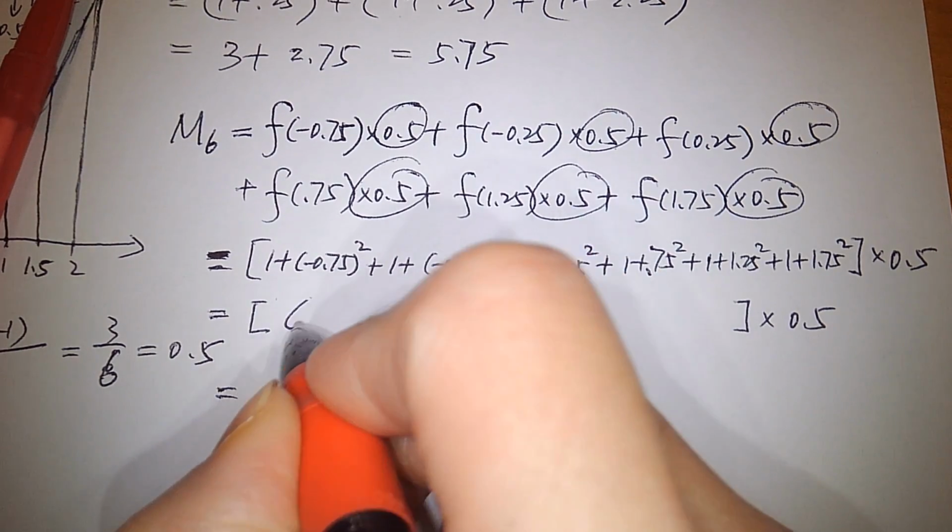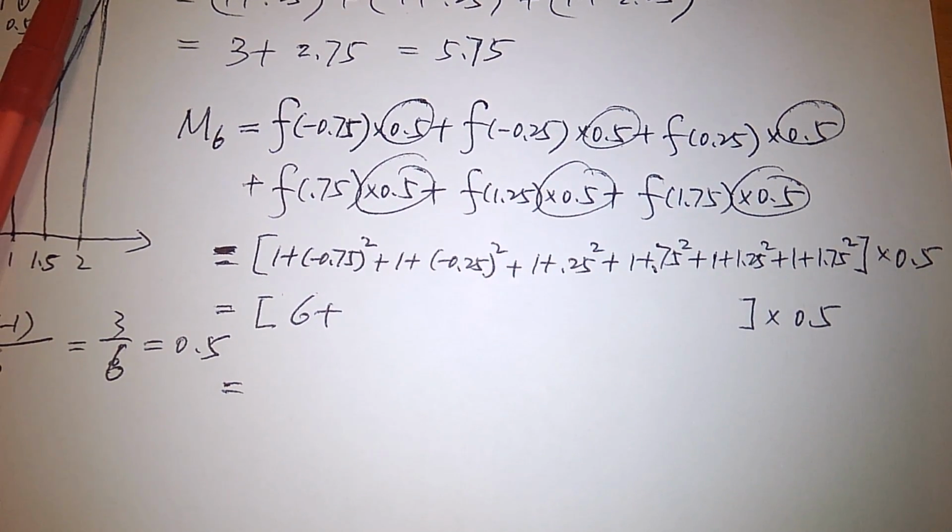So 6 plus, let's do it that way. They're actually double of the 0.25 squared, double of the 0.75 squared, right?